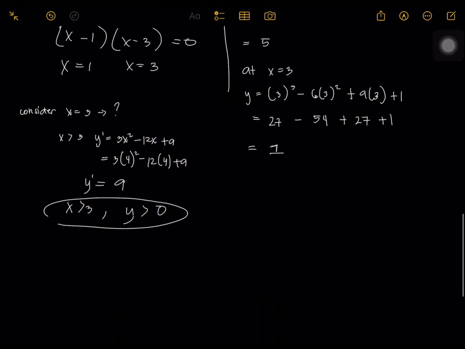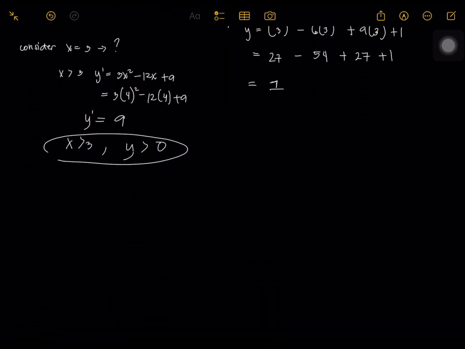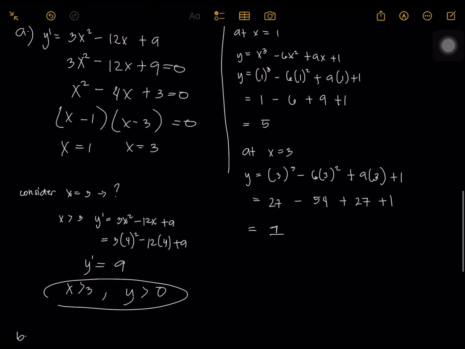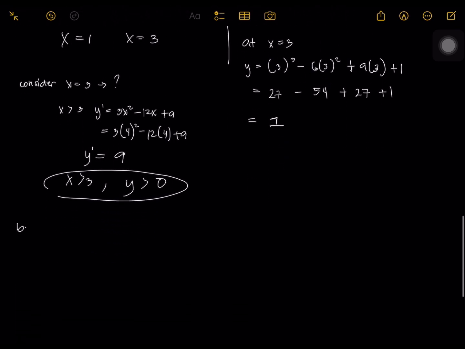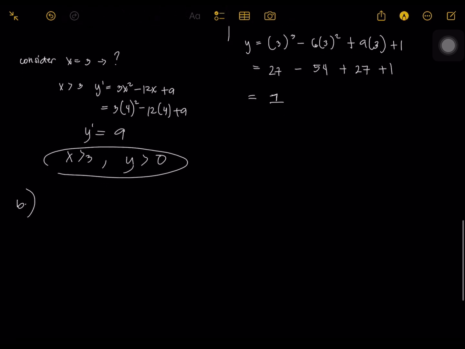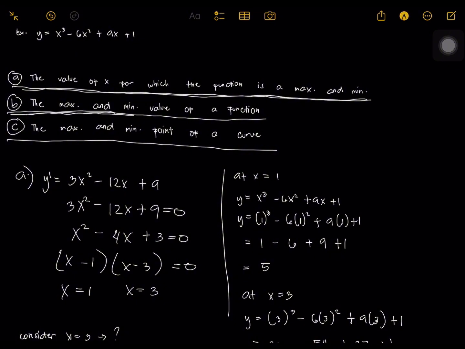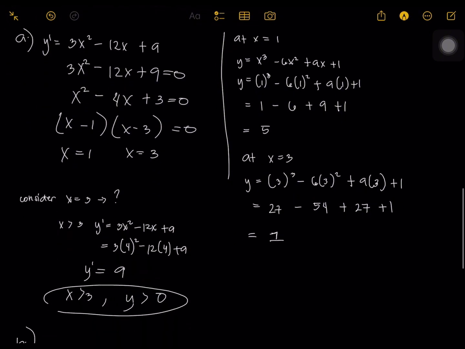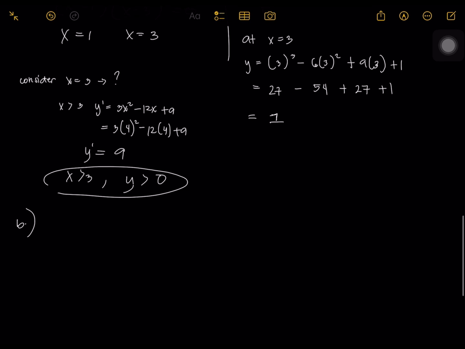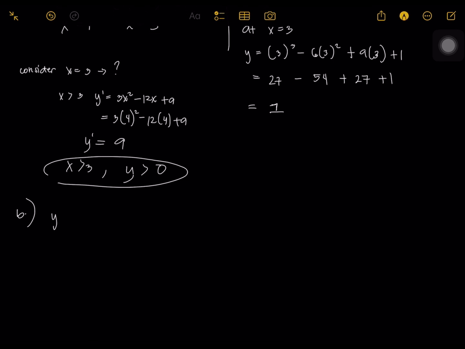The next one we have is part b. We're going to find the maximum and minimum value of the function, where y equals x cubed minus 6x squared plus 9x minus 3.